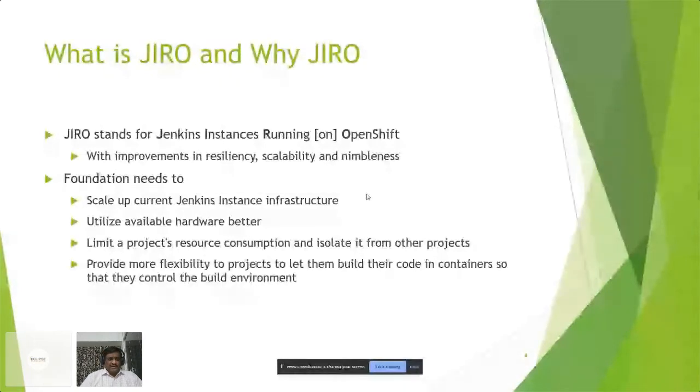Then, as I said, Jenkins runs on OpenShift, it runs in a pod, and the pod actually hosts a container. So since it is a containerized environment, we can provide more flexibility to projects.